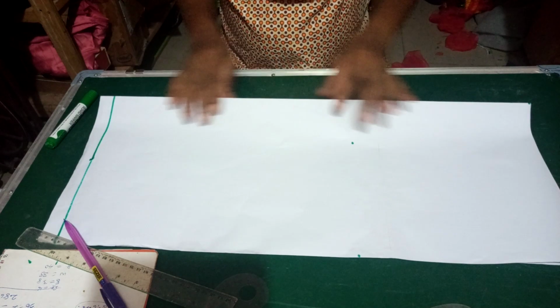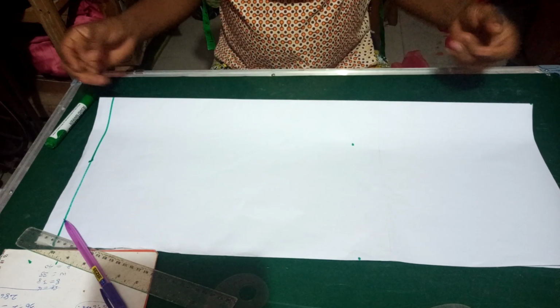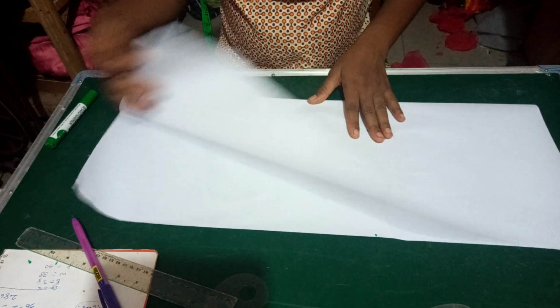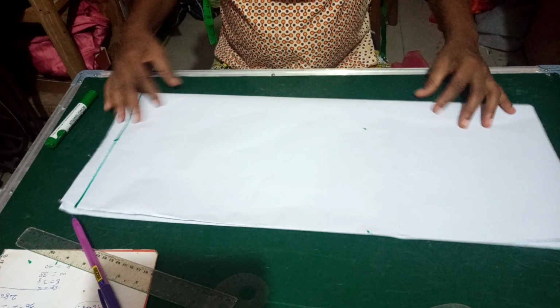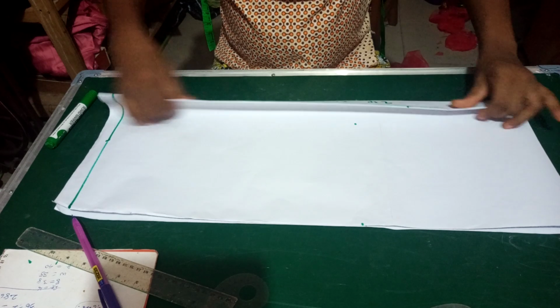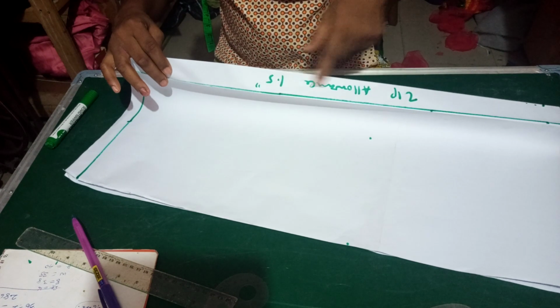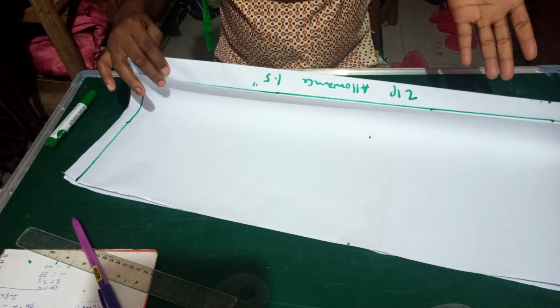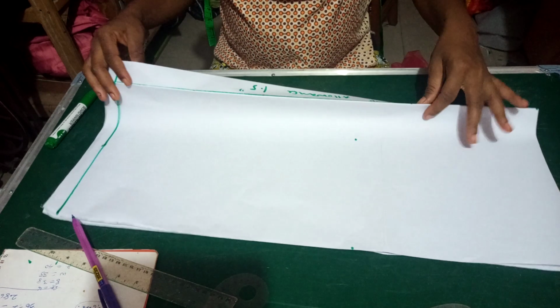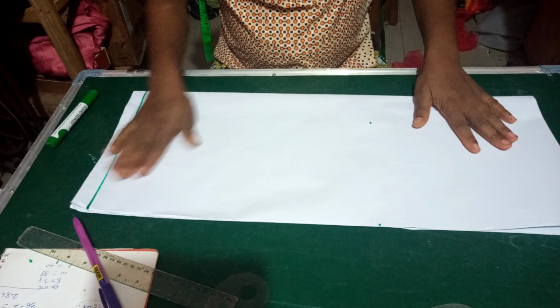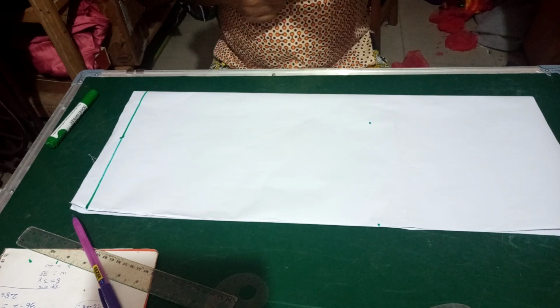I actually want to cut both front and back together, so I folded it in two pieces, as you can see, and because I'll be cutting both front and back together, I've already left 1.5 inches seam allowance. That's for the zip allowance for this pattern. So we are going to start our work this way.